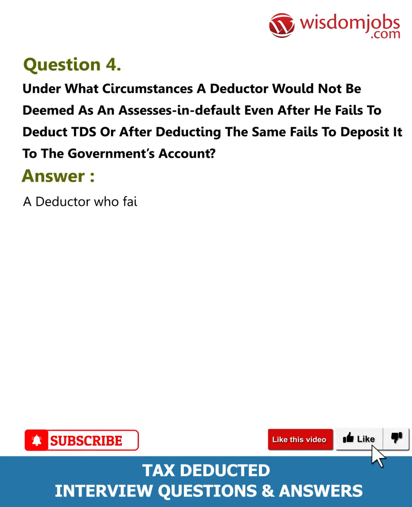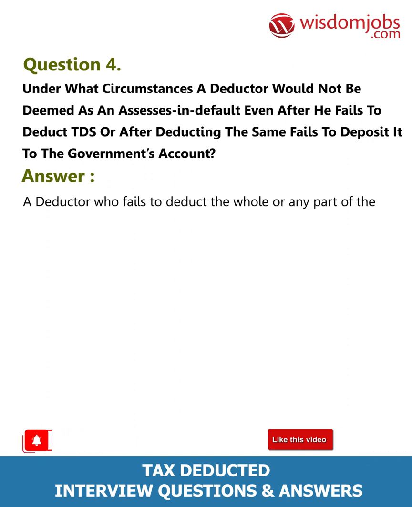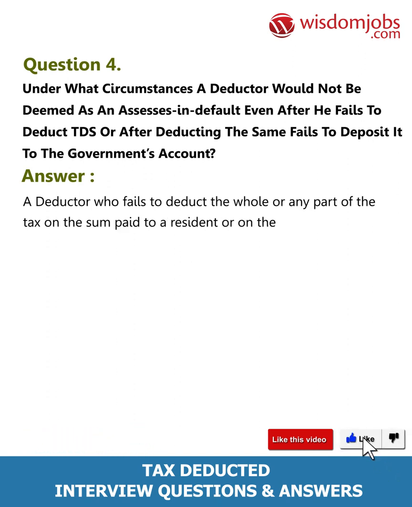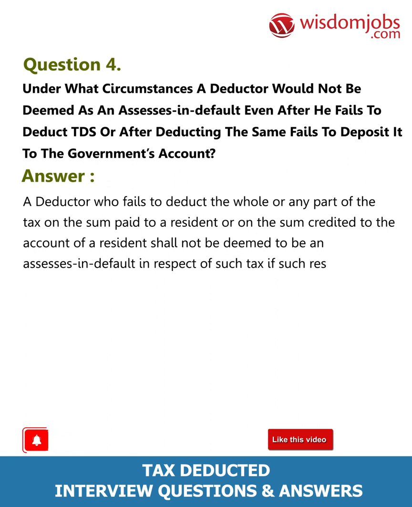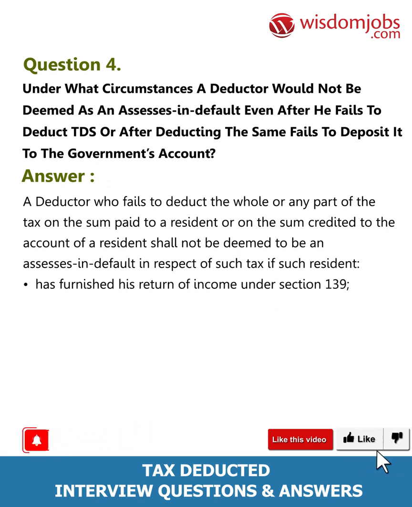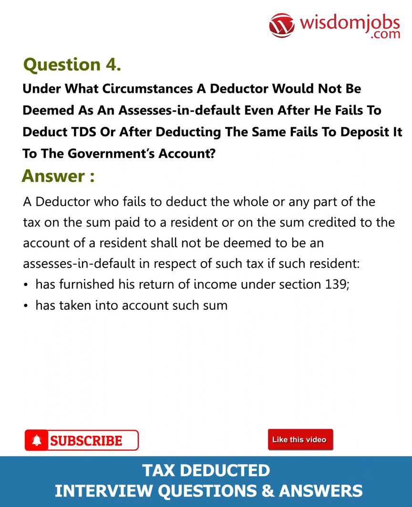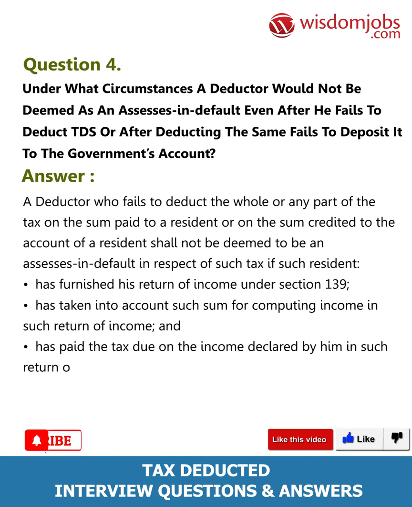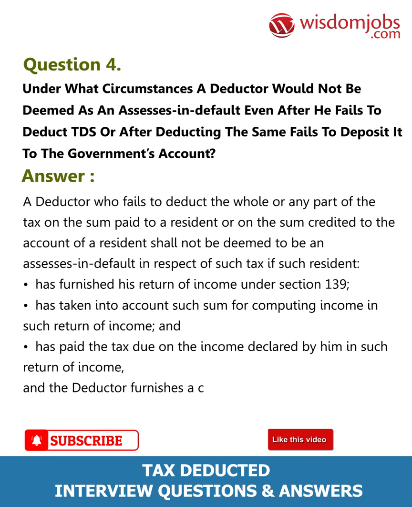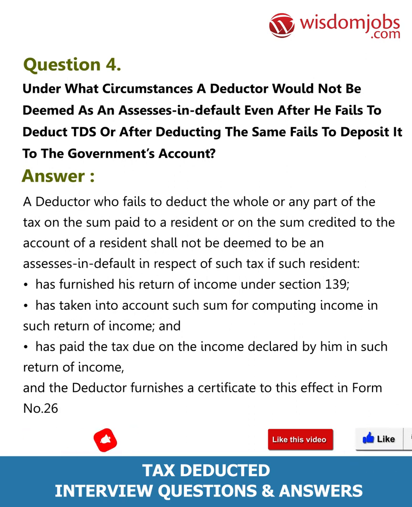A deductor who fails to deduct the whole or any part of the tax on the sum paid to a resident or on the sum credited to the account of a resident shall not be deemed to be an assessee-in-default in respect of such tax if such resident has furnished his return of income under Section 139, has taken into account such sum for computing income in such return of income, and has paid the tax due on the income declared by him in such return of income, and the deductor furnishes a certificate to this effect in Form number 26A from a chartered accountant.